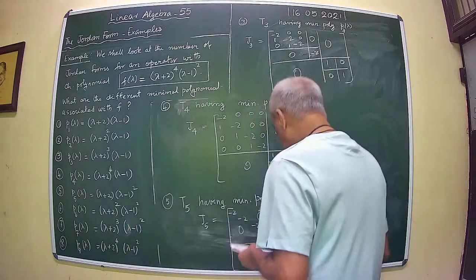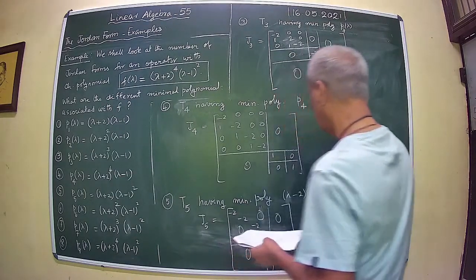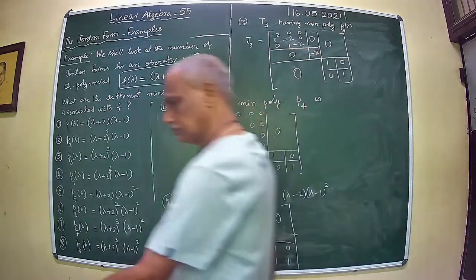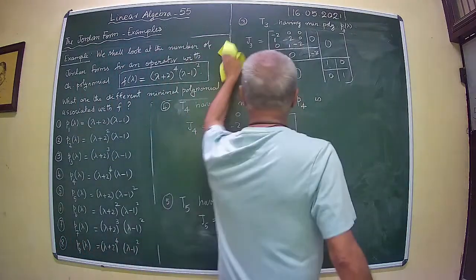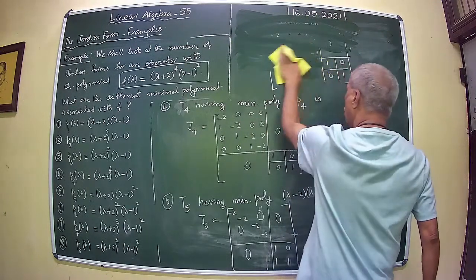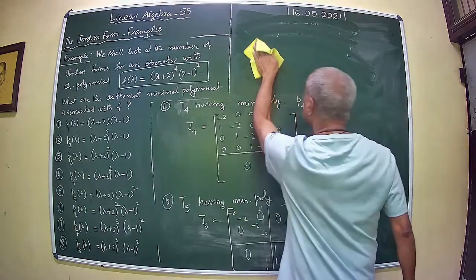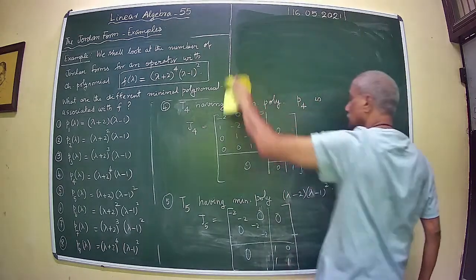And here it is going to be 1, 0, 1, 1, 1. That's easy to solve. That's about T4. In T5 we have analyzed. Now we go to T6.